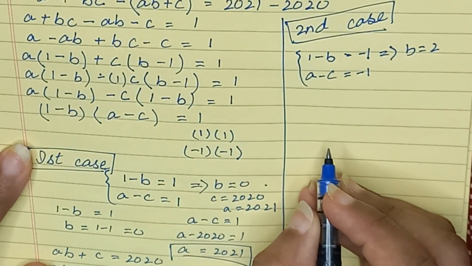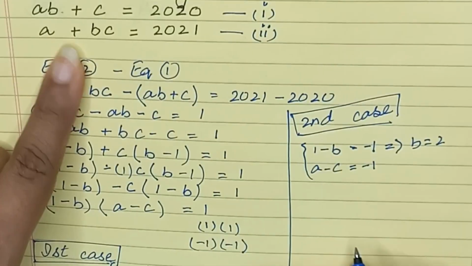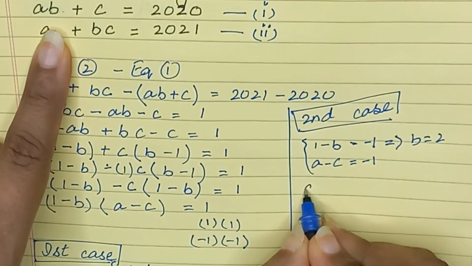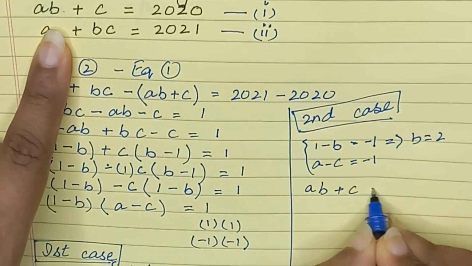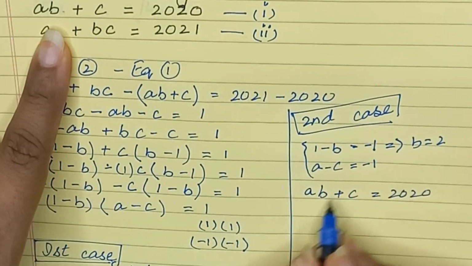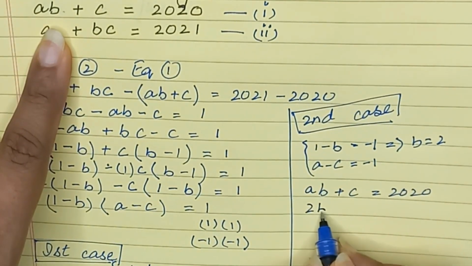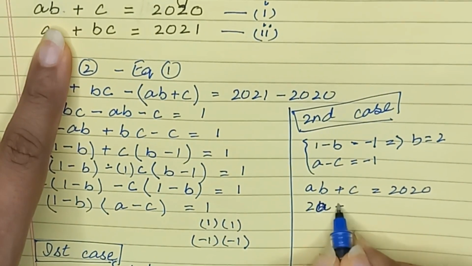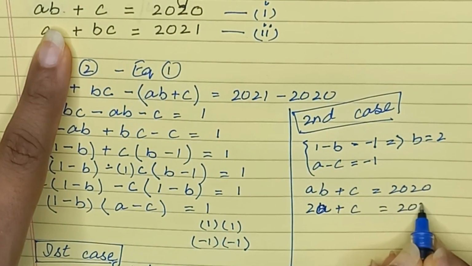So from the first equation, ab plus c is equal to 2020. It will become, b is 2, so 2a plus c is equal to 2020.